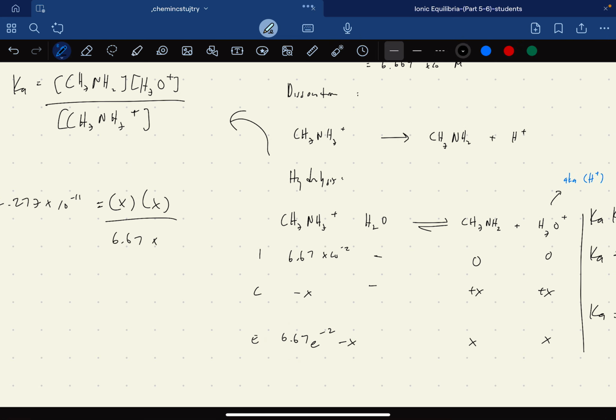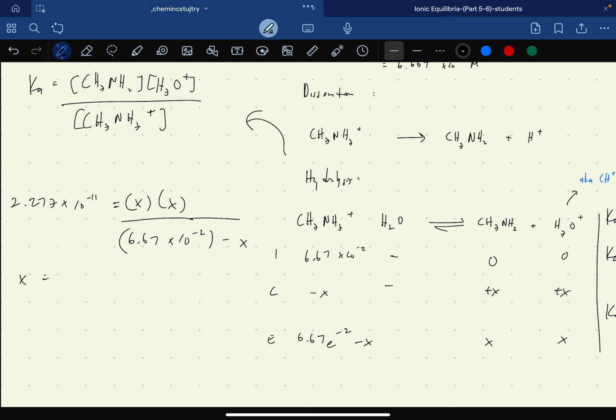Okay, I'll write it for you. Times 10 to the negative 2, minus x. This one you can press on the Class Wiz calculator and get it also. So let me do it first.